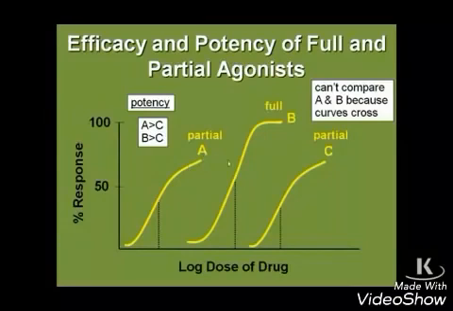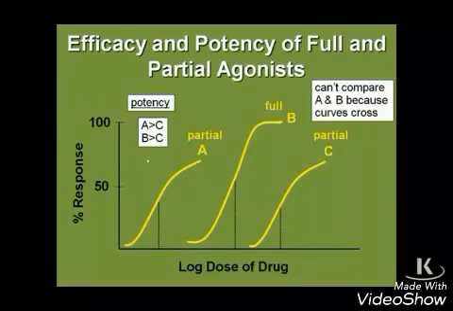But since the curve for A is going to cross the curve for B, at the intersection of those two curves, if we were to come down to our x-axis and find that dose, any dose that we gave above that particular point, we would find that drug B is actually more potent than drug A. For example, if we chose a dose out here on the far right, and we go up to where A would be, it would be right about here.